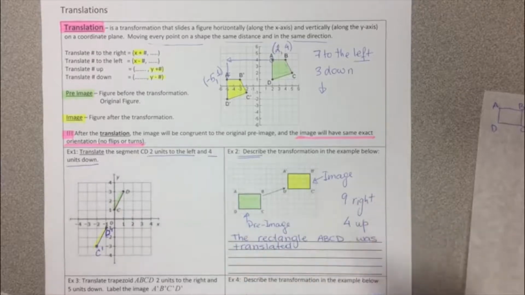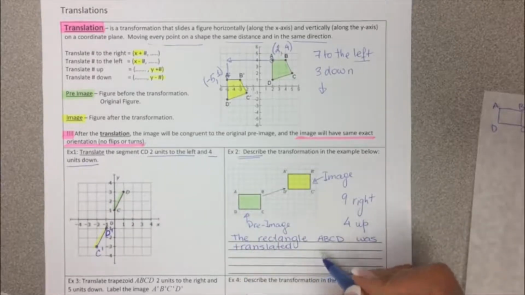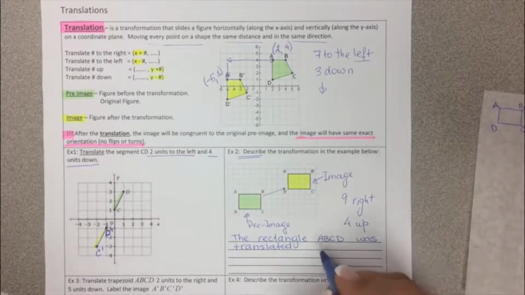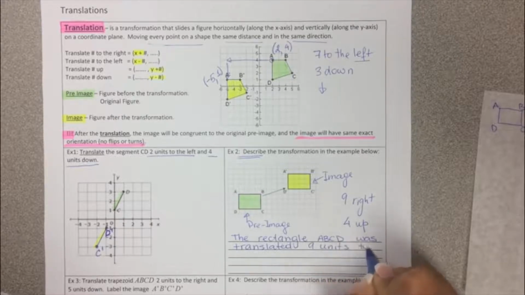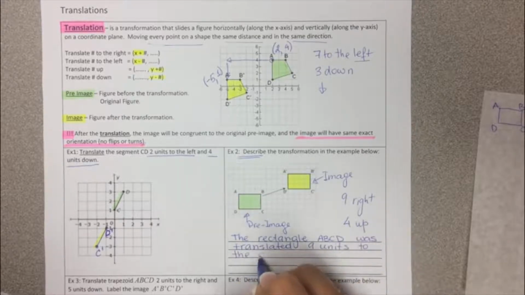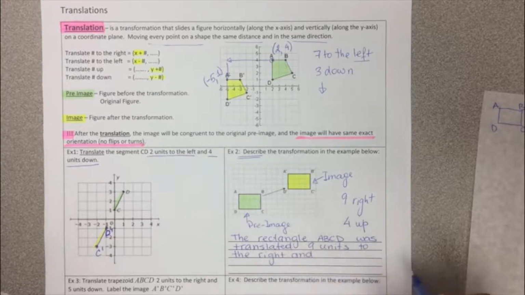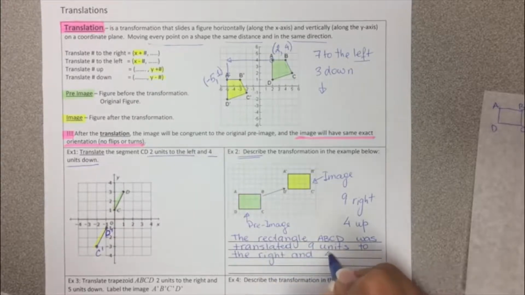The order in which you say that move doesn't really matter. So it was translated 9 units to the right and 4 units up.